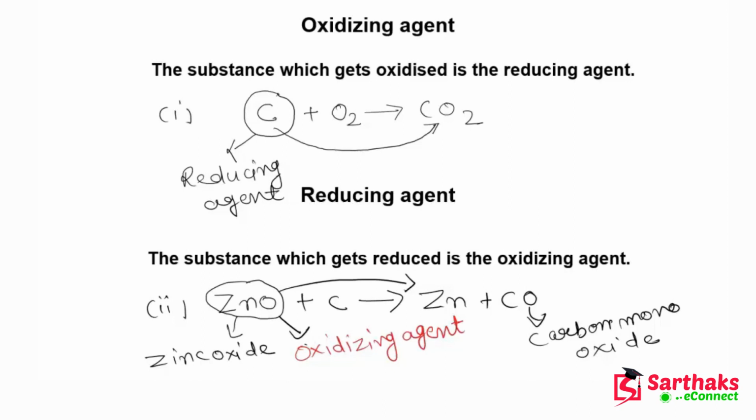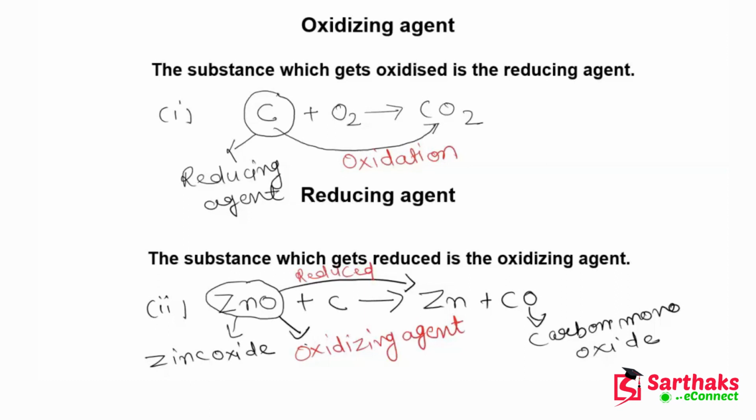If I am writing it here, oxidation: here carbon is oxidized, so that's why it is acting as a reducing agent, and in the second equation the zinc oxide is getting reduced. Let me write it here: reduced, that's why it is the oxidizing agent. This is basically very important.